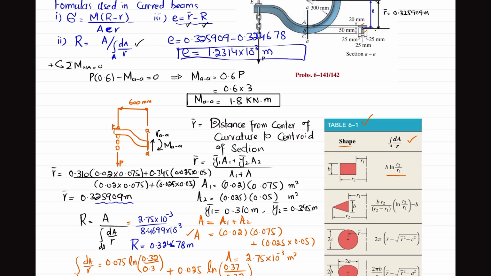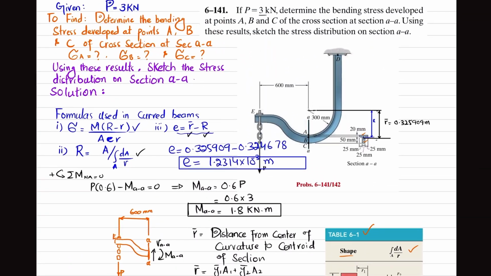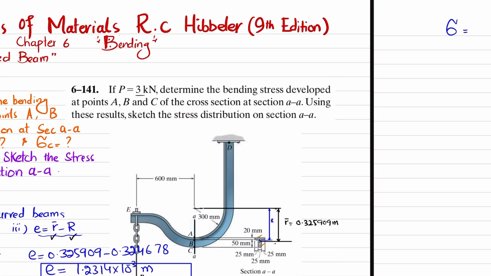Now you have all these things, so just put it in this formula. I will write the formula on the next page. The formula for stress is equal to M into (capital R minus r) divided by A E r.